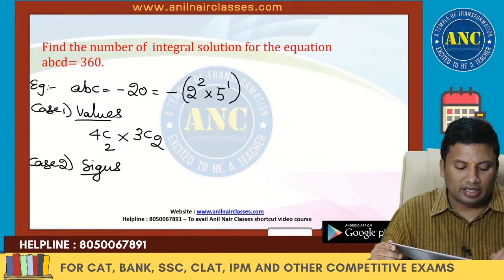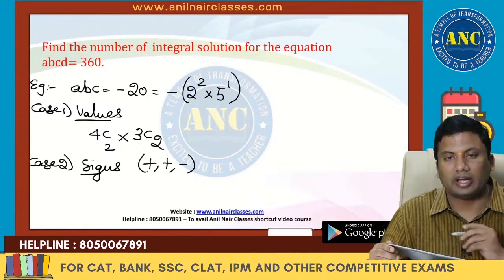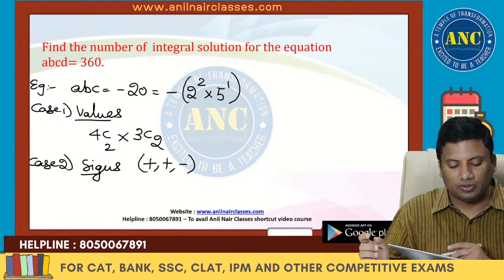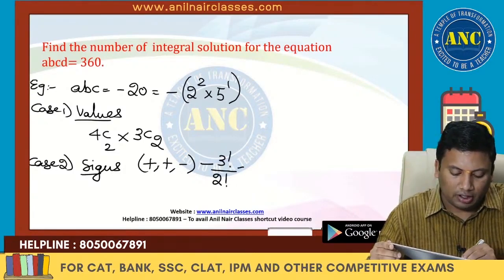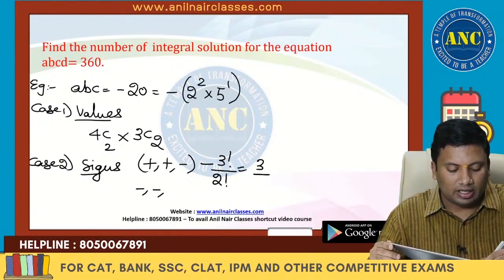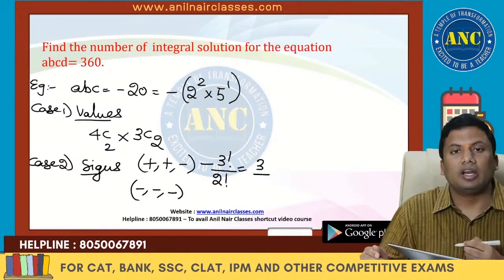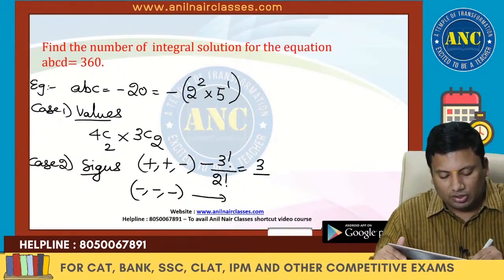The product is negative. Negative means positive into negative. 3 factorial divided by 2 factorial, which is 3. Then negative, negative, negative: negative into negative is positive, positive into negative is negative. So one way.